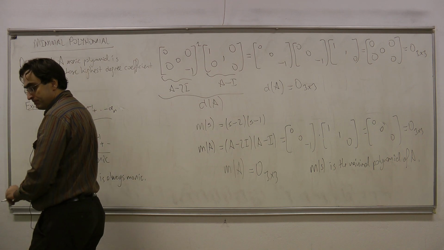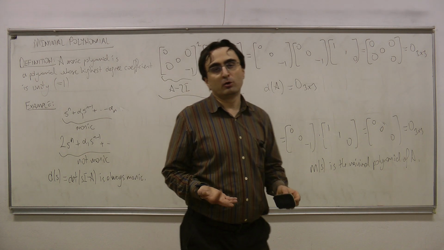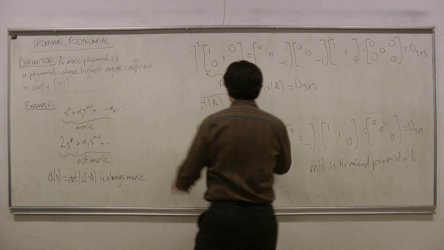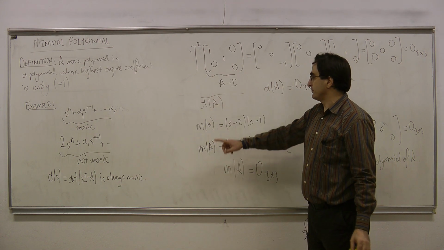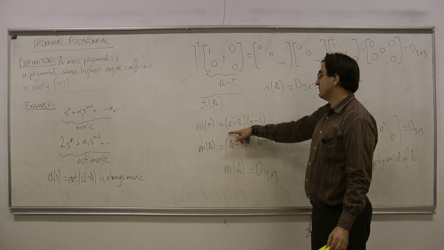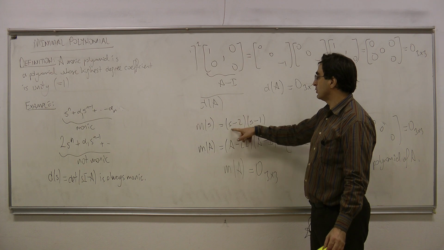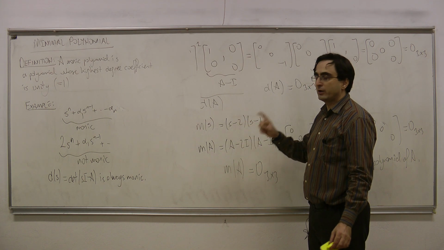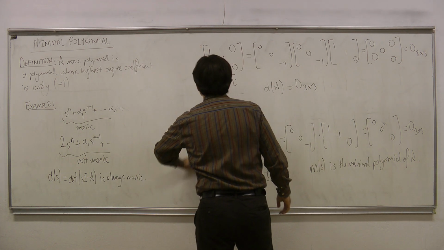And we are going to require the minimal polynomial of a matrix to be monic as well. And as you see, the minimal polynomial of the matrix that we started with was this one, and this polynomial is monic. Why is that? Because the highest power of s here is s squared, and the coefficient of s squared is 1. So this is a monic polynomial.